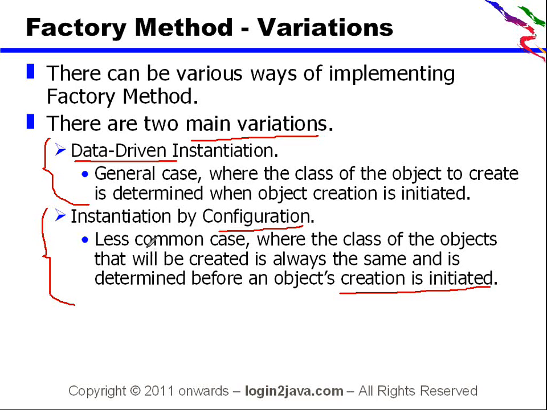Okay, let me take an example for you. Suppose a company sells point of sale terminals or systems. That particular system, that POS system, is responsible for communication with the remote computer to process credit card payments. Right, POS terminal to process the credit card payments.